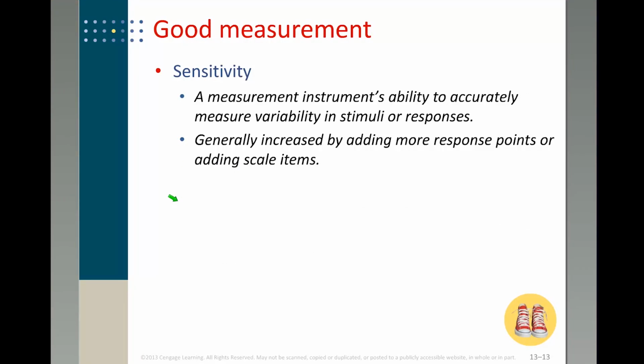The last one is sensitivity. Sensitivity reflects whether the measurement instrument can accurately measure variability. That is, if a subtle change occurred in the environment, would the measurement pick that up? Again, let's talk about survey questions.